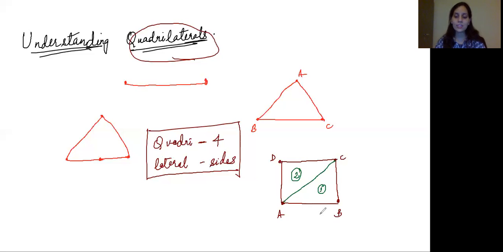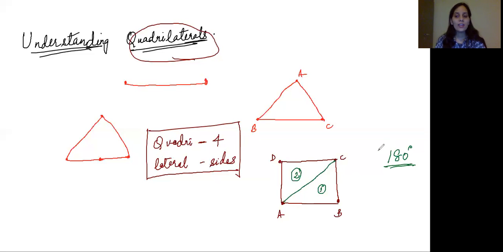Either way, correct? Now, as we already know, the sum of all the angles in a triangle adds up to 180 degrees, which means the angle sum property of a triangle is 180. And here we can see in our quadrilateral we have two triangles, right?